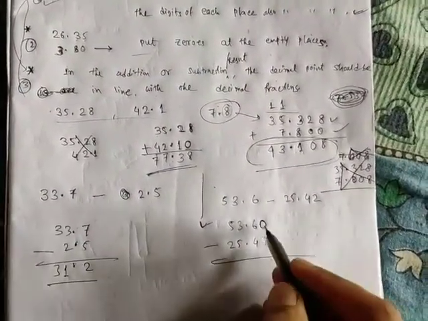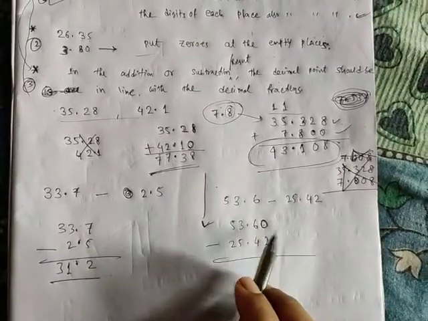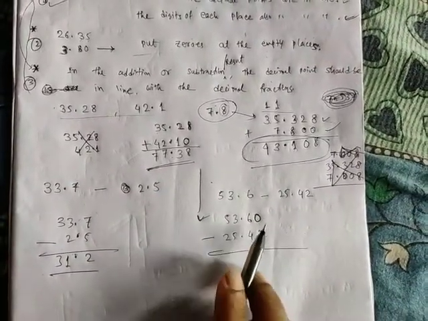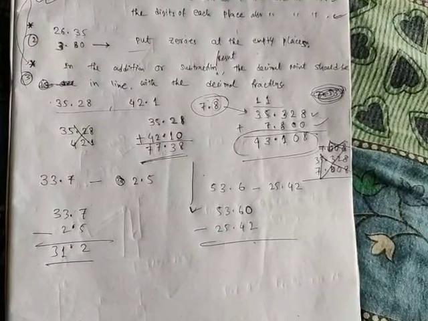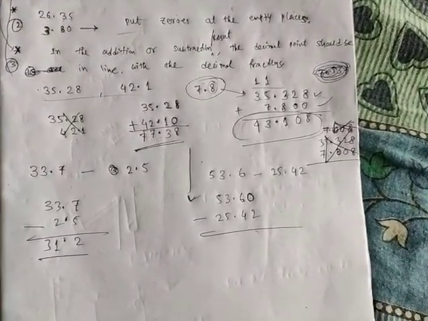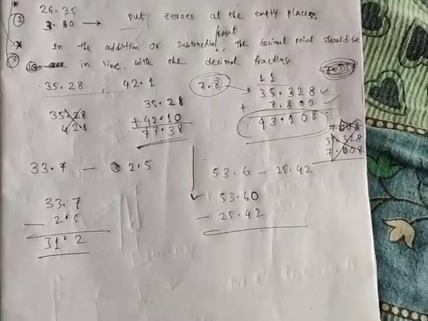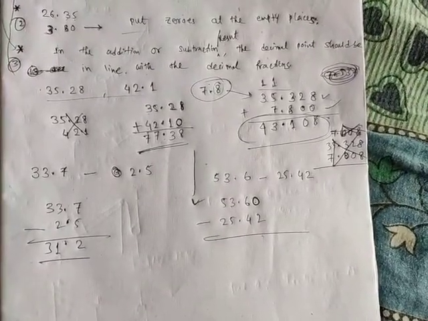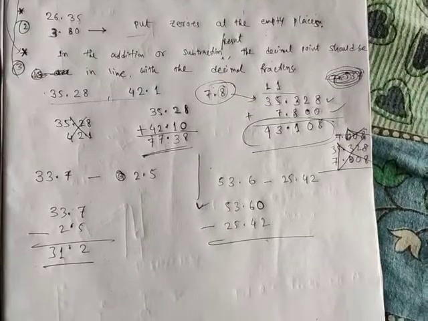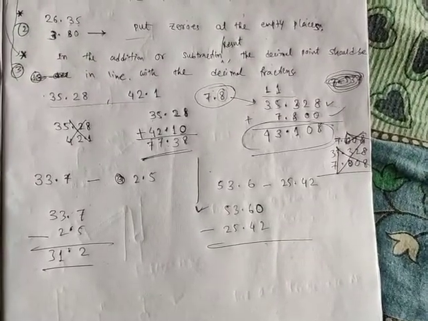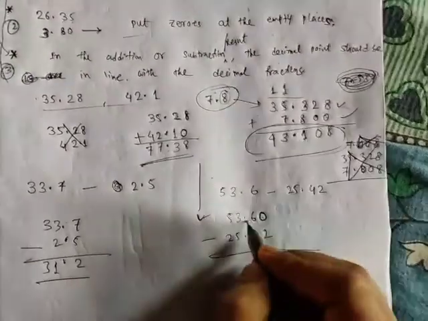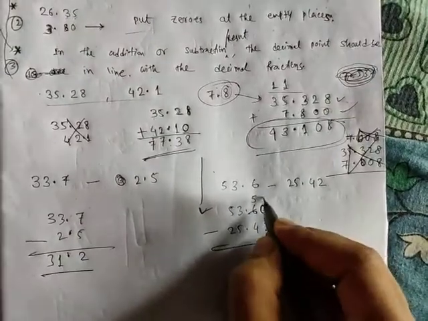Clear? So 0 minus 2. 0 is a smaller digit than 2, so it's not possible to do the subtraction. Then what do you have to do? I taught you in the chapter on operations with large numbers, addition and subtraction: take a borrow. This will be 5 and this will be 10.